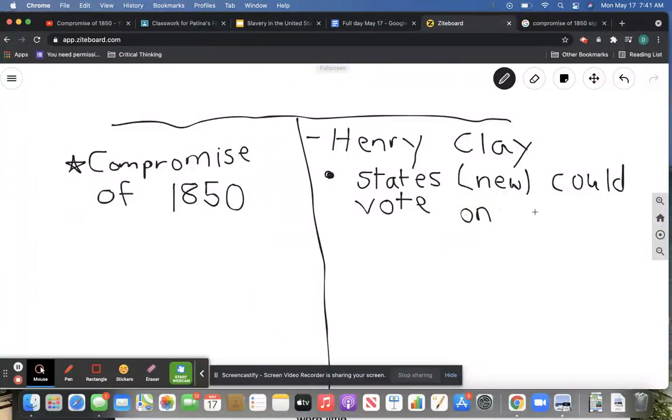And this idea was called popular sovereignty because you had to decide and vote together as a state and a majority ruled.